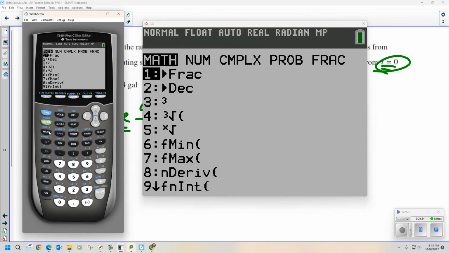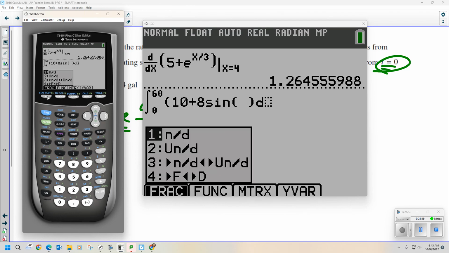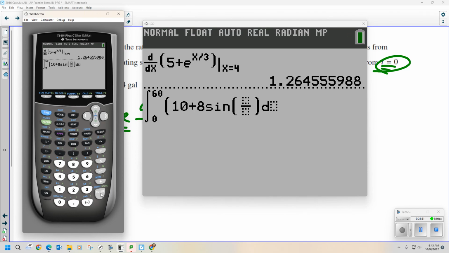I'm going to go math, and this time 9 is the integral. From 0 to 60, I'm going to integrate 10 plus 8 sine of, I'll do the fraction, x over 60. Please know that I need to close this parenthesis as well. I have two opening parentheses.